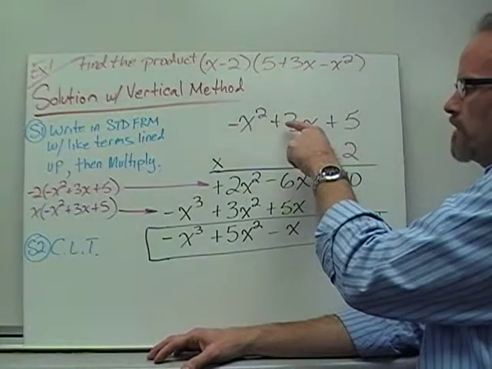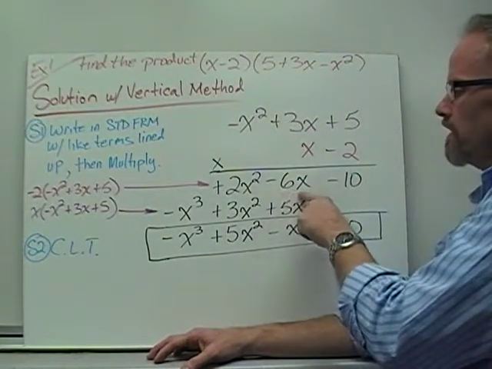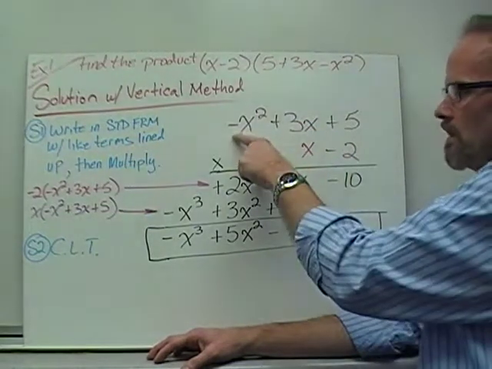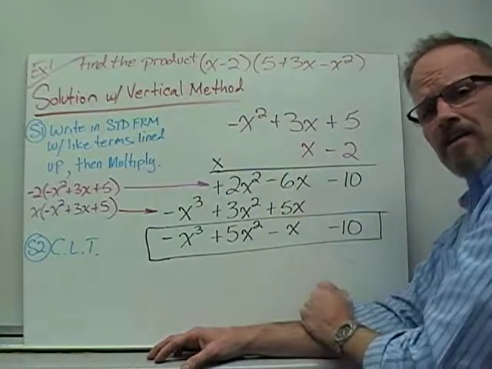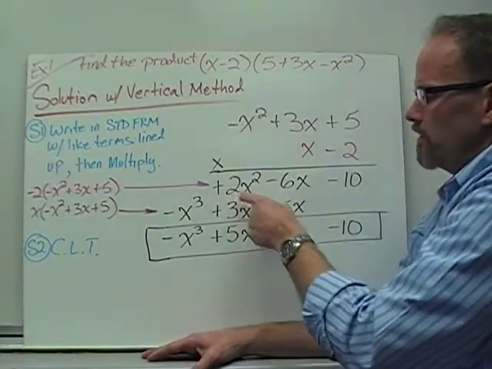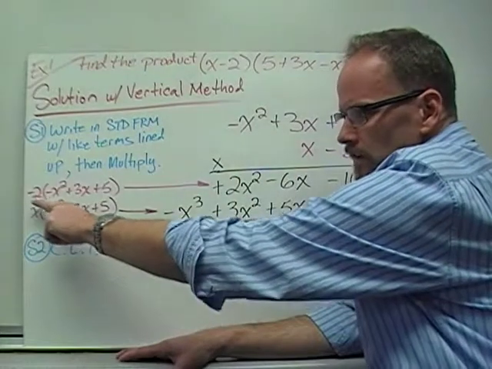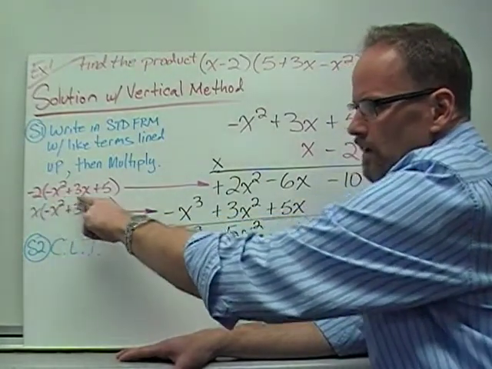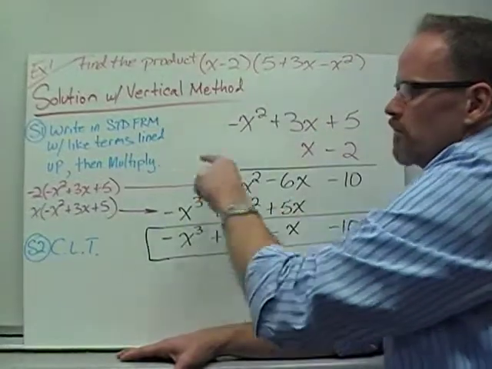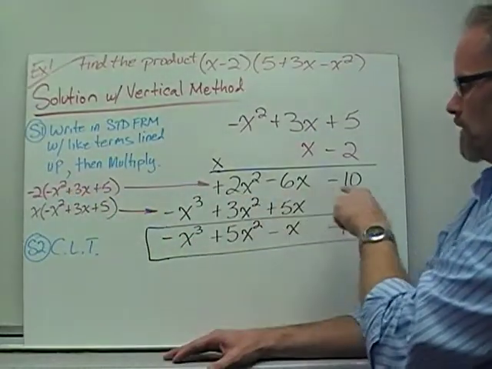Negative 2 times a positive 3x is a negative 6x. And a negative 2 times a negative x squared is a positive 2x squared. So we just distributed negative 2 against the top trinomial for everything, and that's what we got.